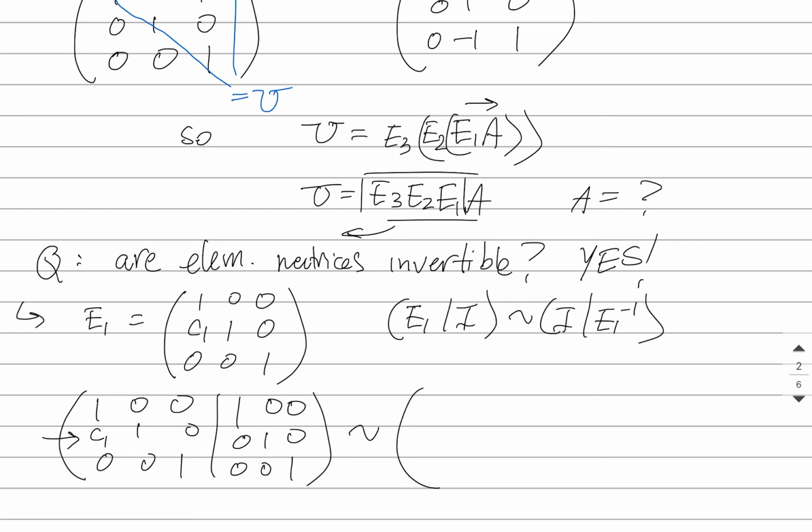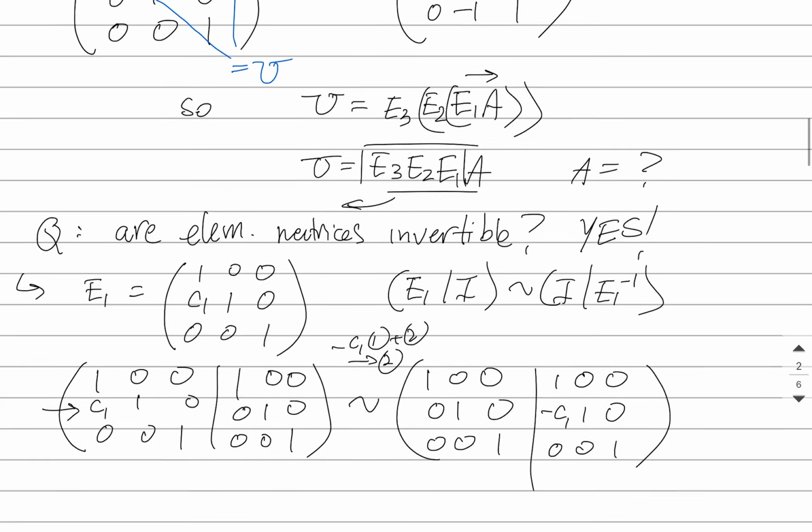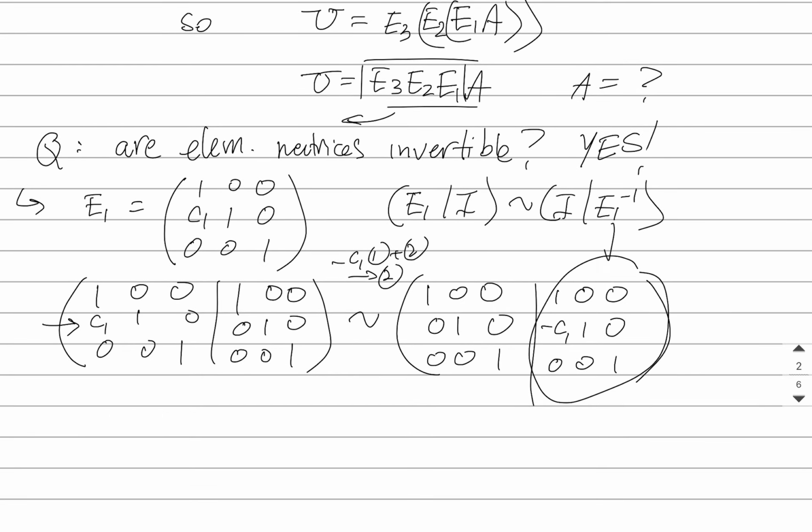We'll take -C1 times row 1 and add it to row 2 to make the new row 2. So this is going to create the identity on this side, which is what we wanted. And as we expected, we'll get 1, 0, 0, -C1, 1, 0, 0, 0, 1. So this indeed is our E inverse.